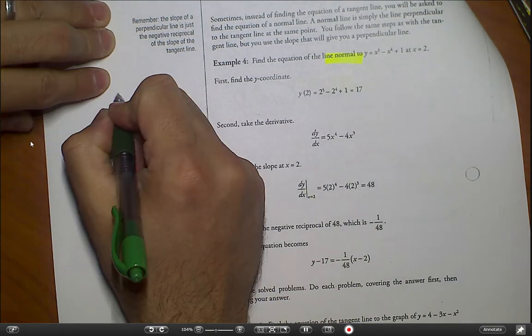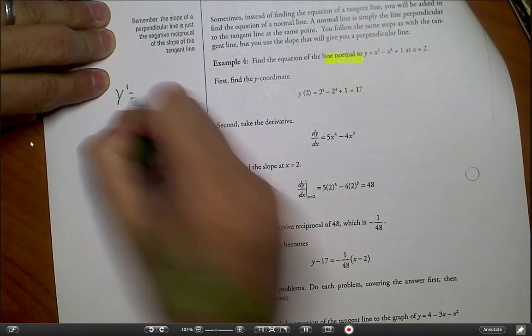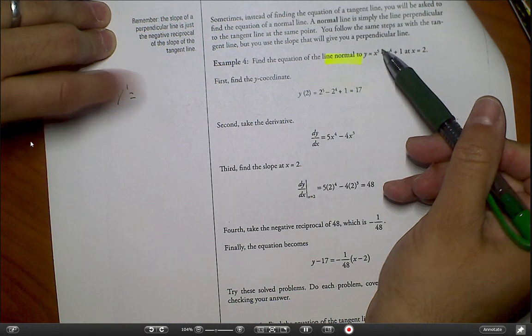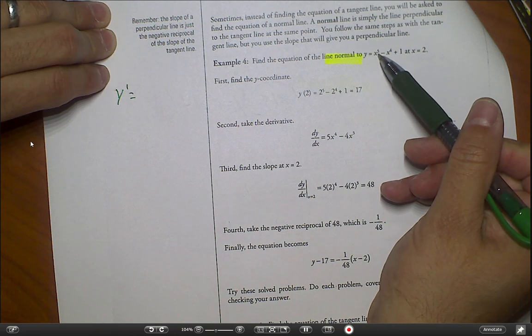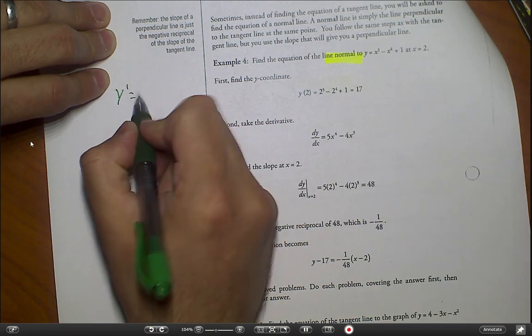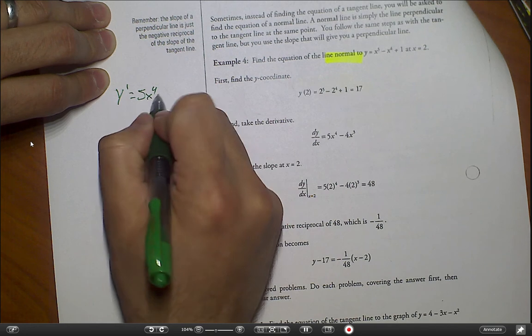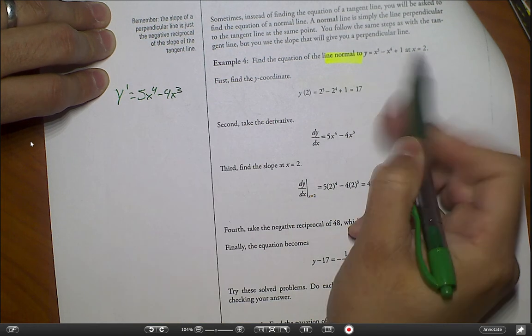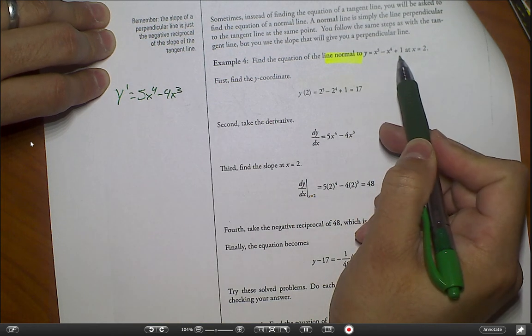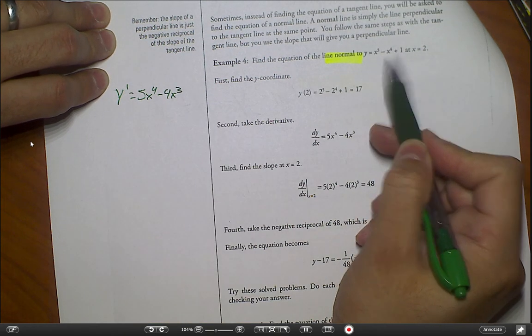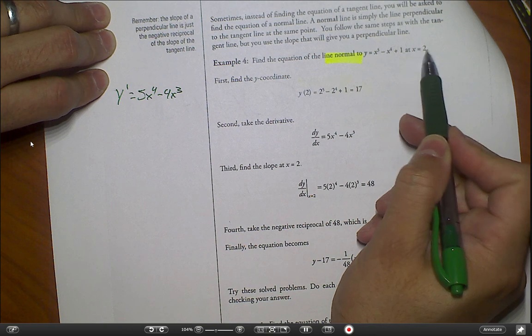All right, so y prime is equal to, the exponent goes up front, and then I subtract 1 from the exponent, so it's going to be 5x to the 4th minus 4x to the 3rd, and this 1 drops off. And then we're going to find it at x equals 2.